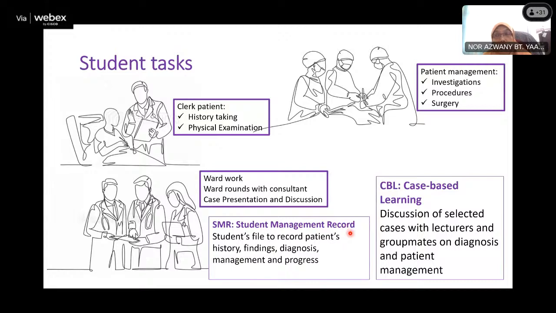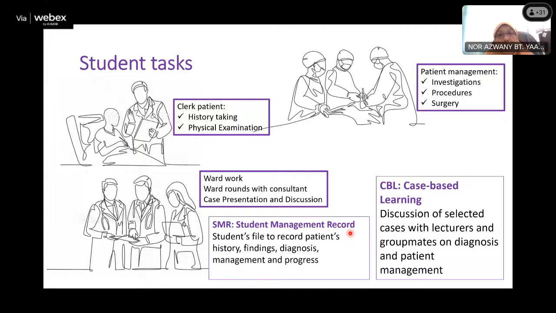This is similar to a doctor documenting all the progress of the patients in a patient folder, but due to medico-legal issues, we cannot allow our students, who are not qualified yet to be doctors, to put in the patient folder. So we create a student management record, which is similar to the patient folder.